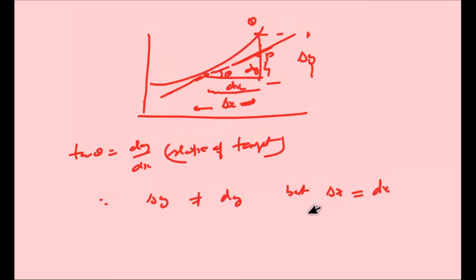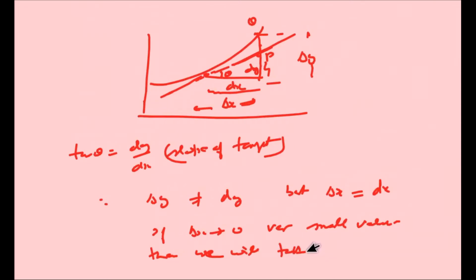Here is a very important point. If delta x tends towards 0, a very small value, then we will take delta y, this change, as equal to dy.